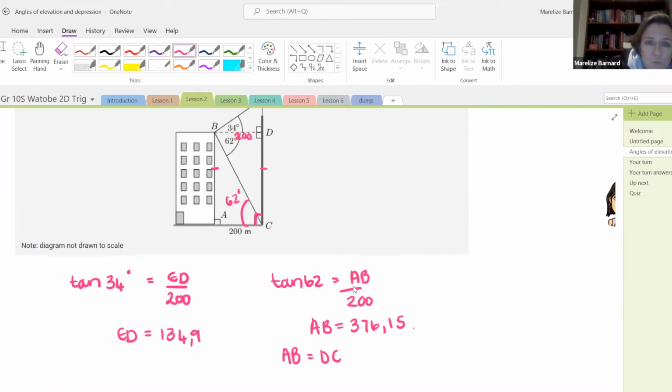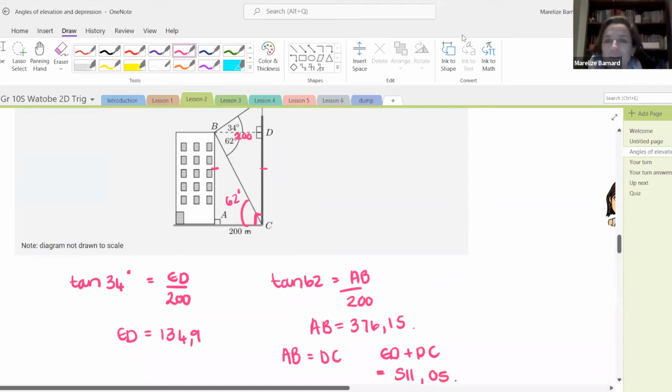So that's why angle DCA is 90, and angle ACB is 62 because of the angle of elevation and the angle of depression being equal. But AB is equal to DC, so we can add ED plus DC, and we'll get 511,05. Okay.